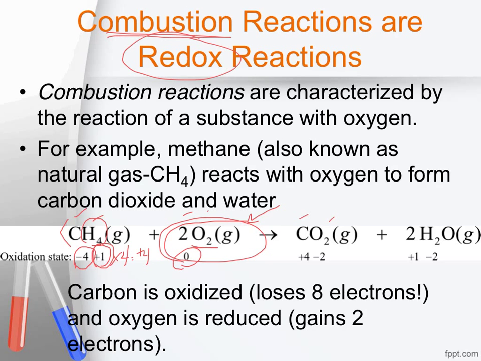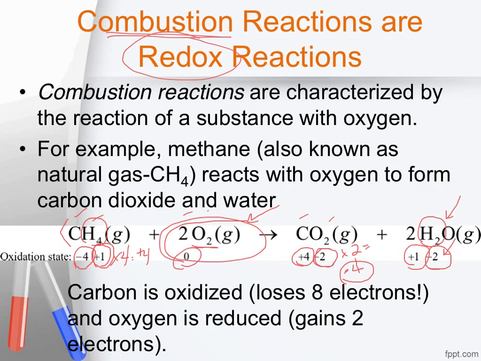Moving over to the product side, as always, we assign an oxidation number of oxygen of -2. Since there are 2 of them, that means the overall oxidation number for oxygen is -4, which means the oxidation number for carbon has to be +4. Then moving on to water, as always, the oxidation number is -2, and that for hydrogen is +1.